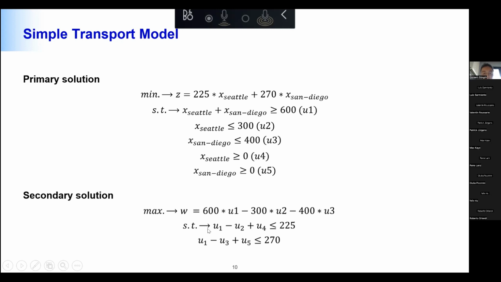And this welfare equation is subject to the cost of transport from Seattle, which is U1 minus U2 plus U4, less or equal to 225, and the cost of transport from San Diego, which is U1 minus U2 plus U5, less or equal to 270.